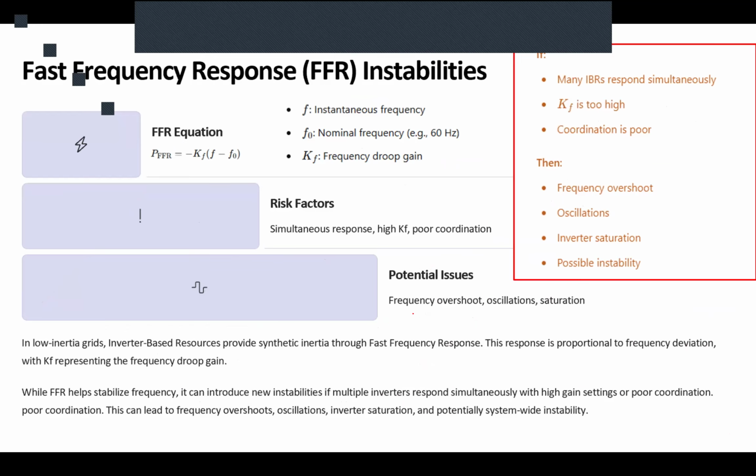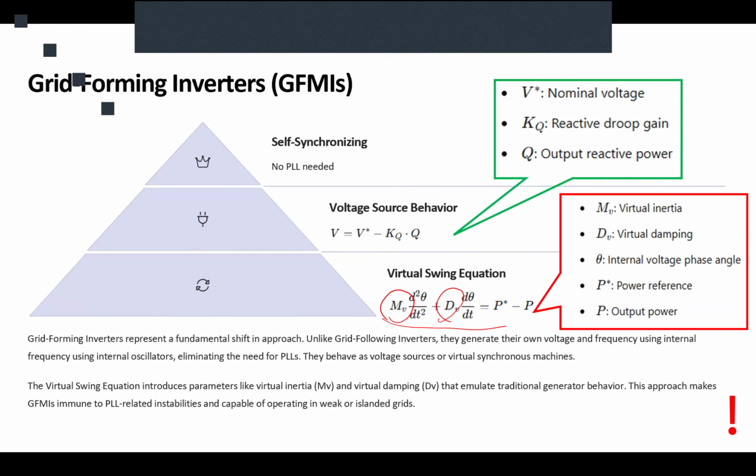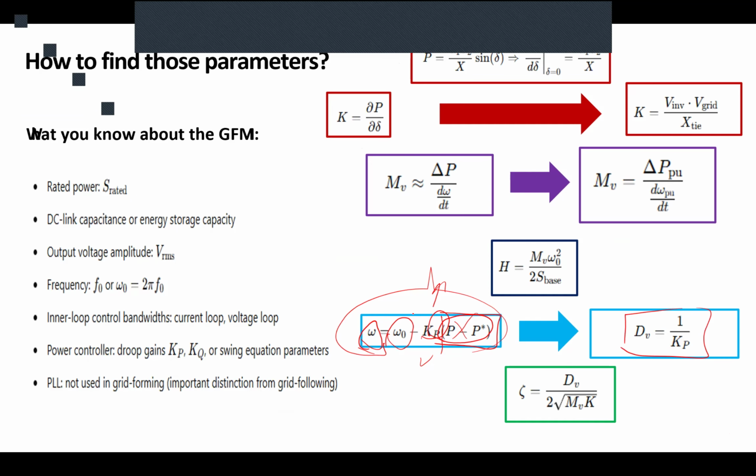Now, in some textbooks, they use psi and h in the swing equation instead of mv and dv. Here, I represented how you could calculate the psi and h based on the mv and dv.